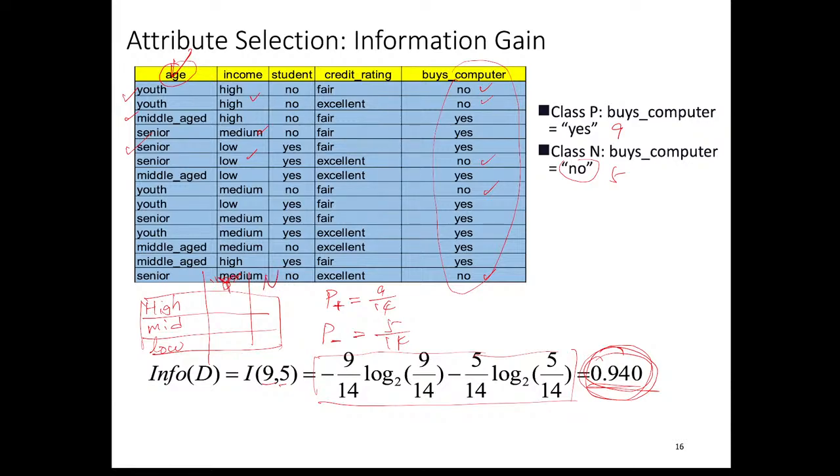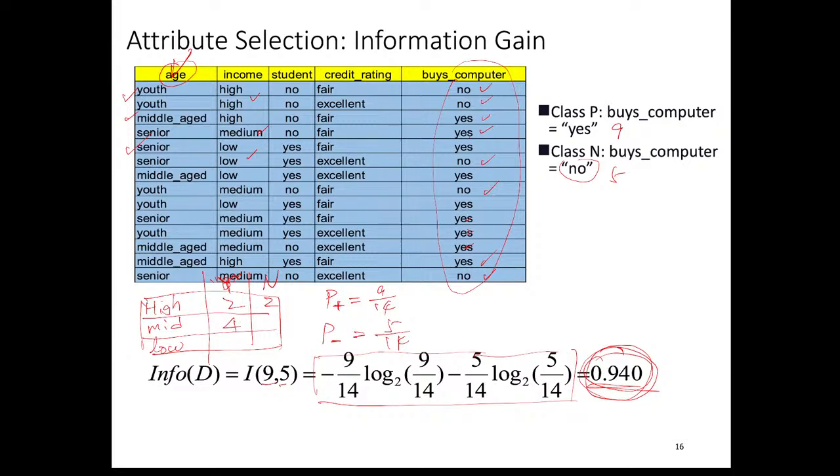For high income people, we have 2 yes and 2 no. For the medium people, this is yes, no, yes, yes, yes, yes. How many yeses? 1, 2, 3, 4 yeses.